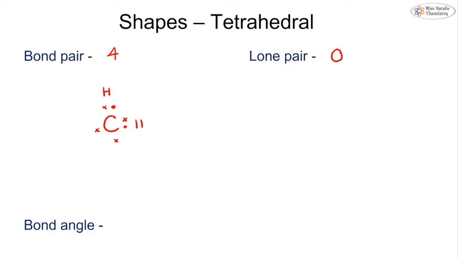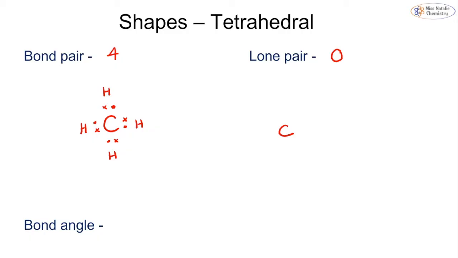If we had the carbon bonded to the hydrogen to make methane, you can see that we have 4 bonding pairs, and they form a tetrahedral shape. So we have the carbon in the center, and then this is where we have to start thinking in 3D. Both linear and trigonal planar are flat molecules. Now for tetrahedral, we have to think about 3D.